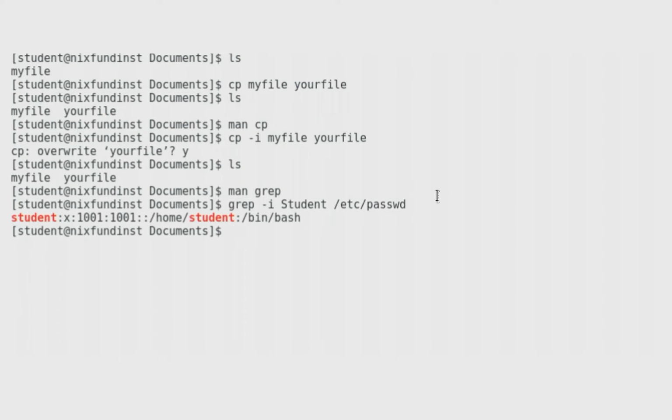So as you can see, it worked, and it shows me here the word that I searched for, which was student. And if you notice, I searched for a capital S on student. Linux is case specific, so if I were to search without the option, I wouldn't get a return.